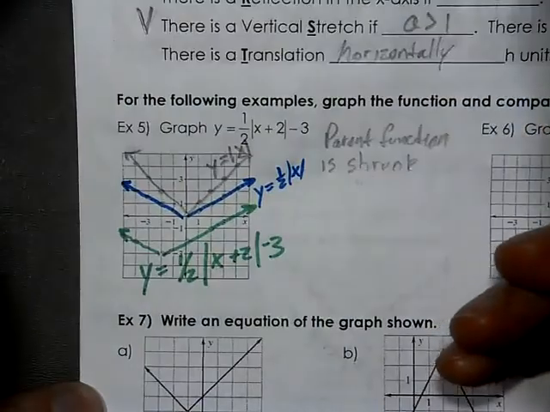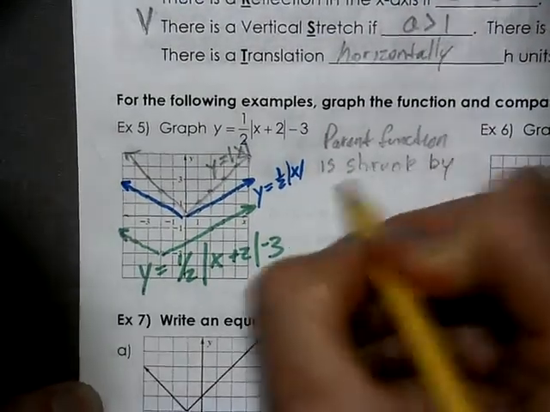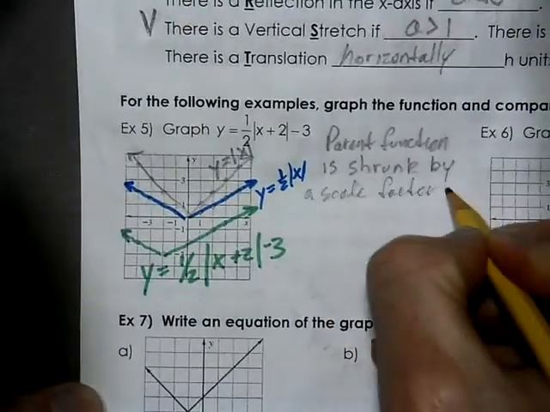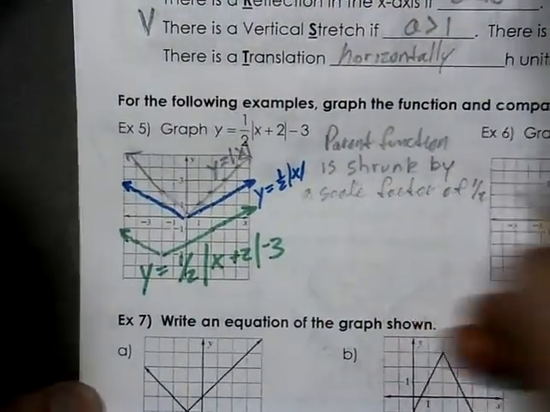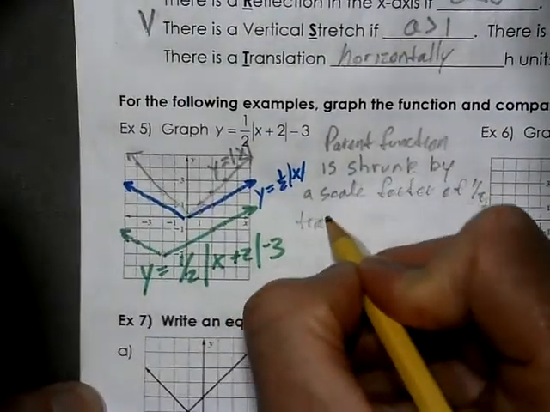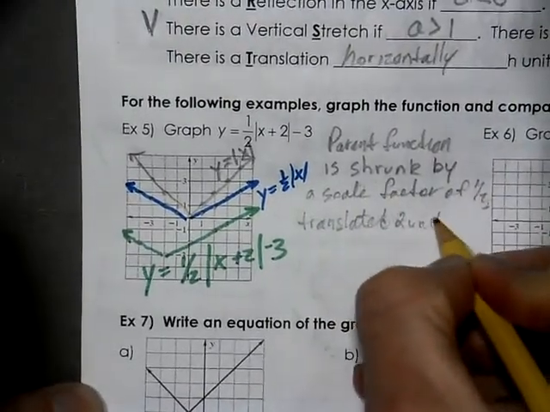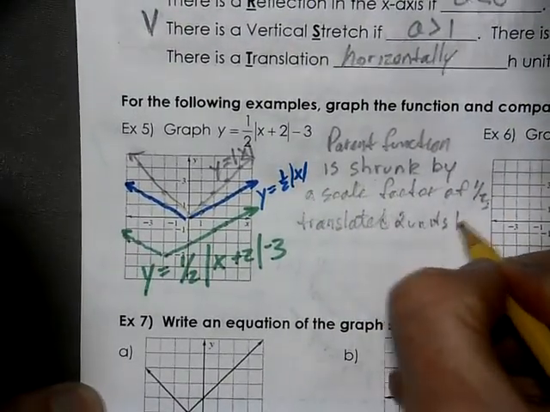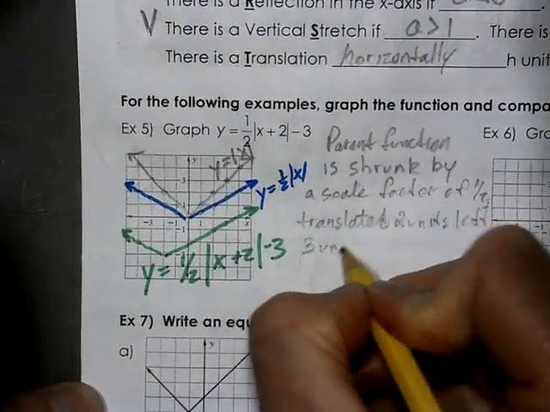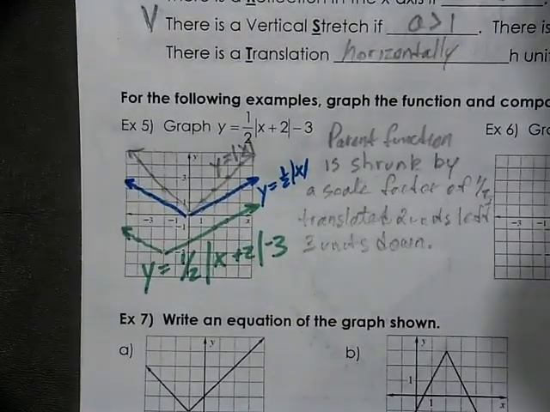So we could say, trying to keep our English correct, is shrunk by a scale factor of 1/2, comma, and translated 2 units left, 3 units down. That would be our comparison.